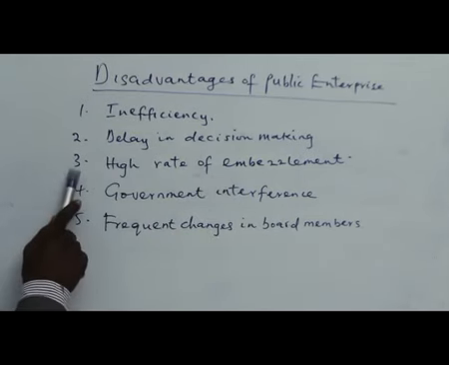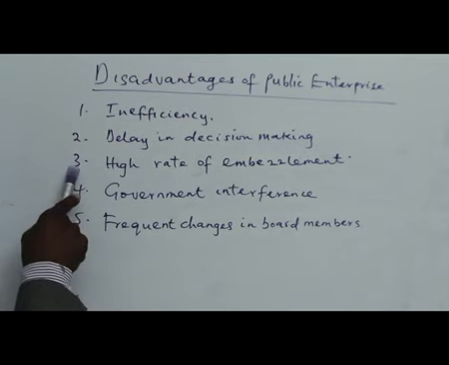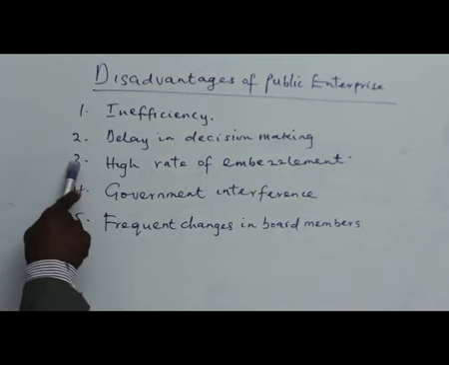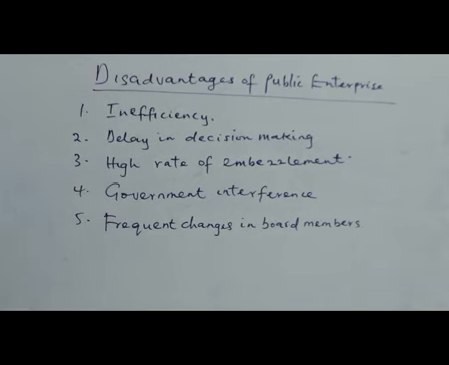There is a high rate of investment in public enterprise because no one checks them at the proper time to know how they are using the fund or how they finance the activity. So those behind the management invest the fund and siphon the money to other countries. Due to that, it affects the public enterprises.